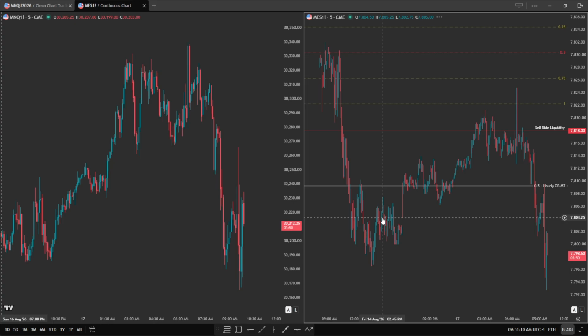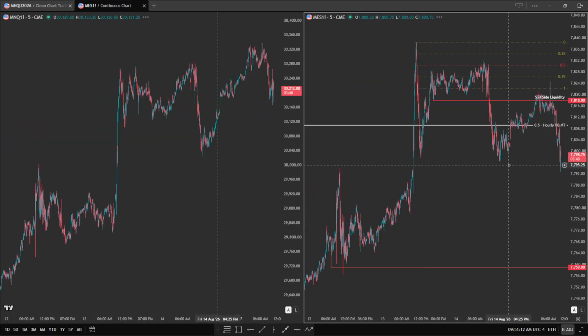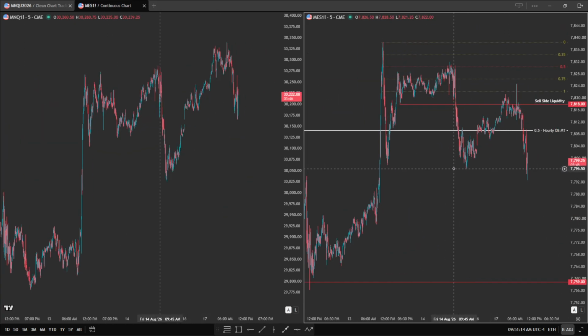Really kind of uncertain today. ES has actually taken out this low. I said I wanted to see this low potentially. ES has already done that.